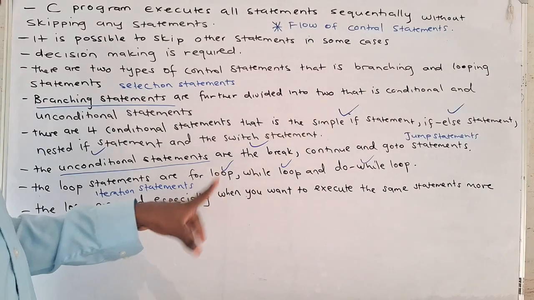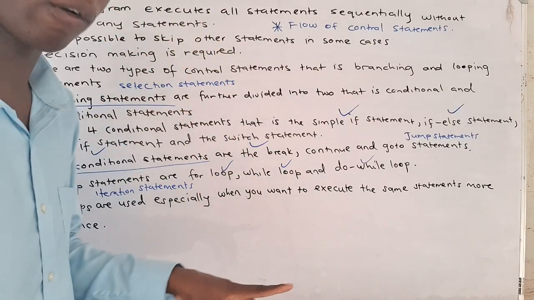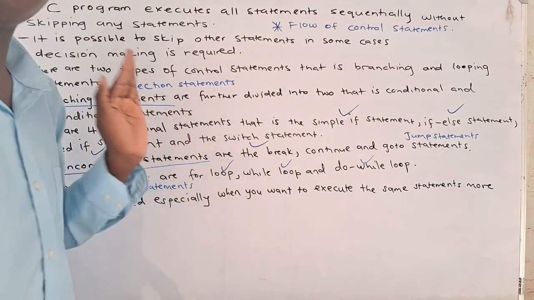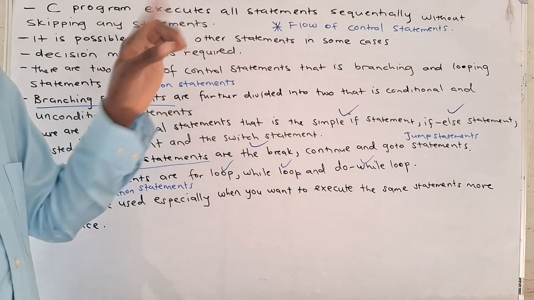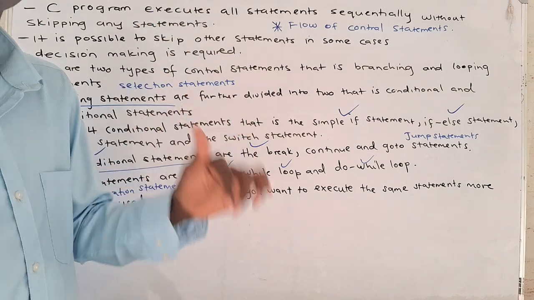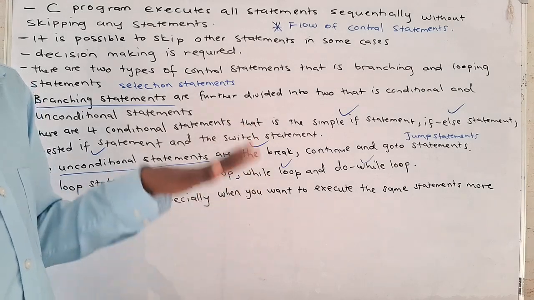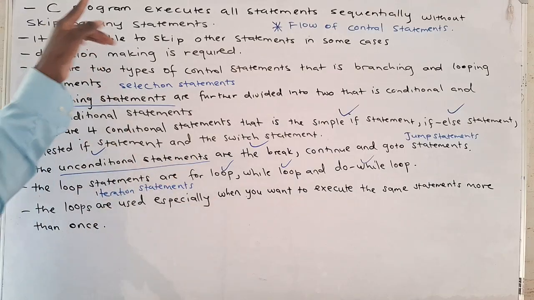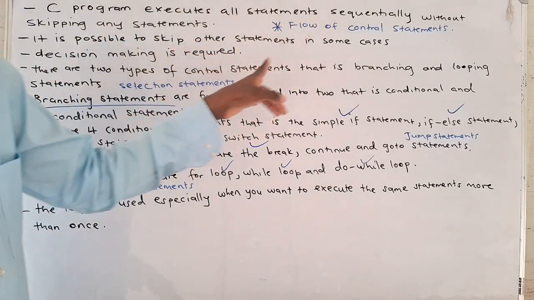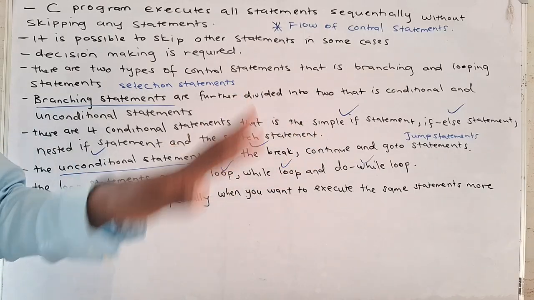If you use a for loop, you write the statement printf "I am here" only once and tell the compiler how many times the for loop should iterate. This is the advantage of using loops. If you don't use a loop, you have to write printf "I am here" five times.